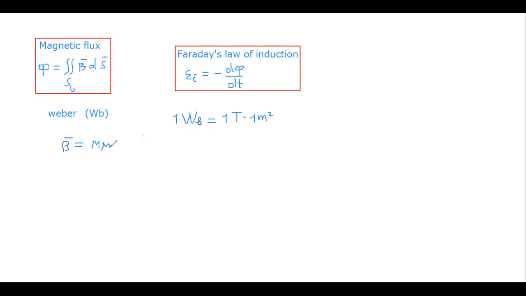And this mu depends on material. So we can fill circuit with material that has high value of relative permeability mu, and in this way we can increase magnetic field and increase magnetic flux.